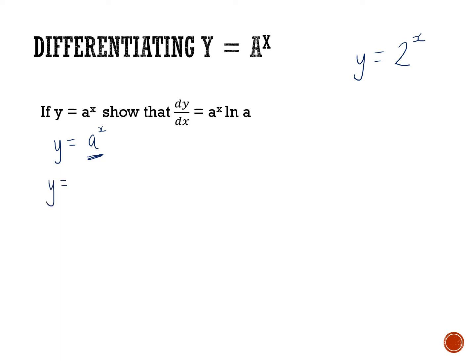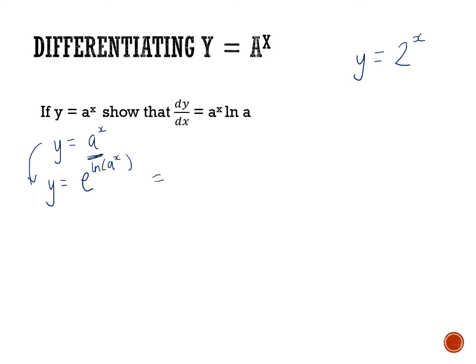So what we need to remember for that is, if you do e to the ln of something, then the e to the power and ln cancel out and you just end up with that something that you've got there. Okay, so happy with that. y equals a to the x is equivalent to y equals e to the power ln a to the x.